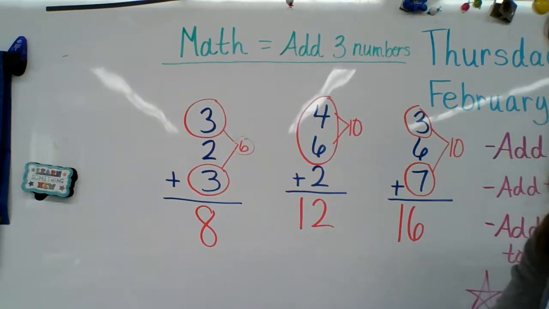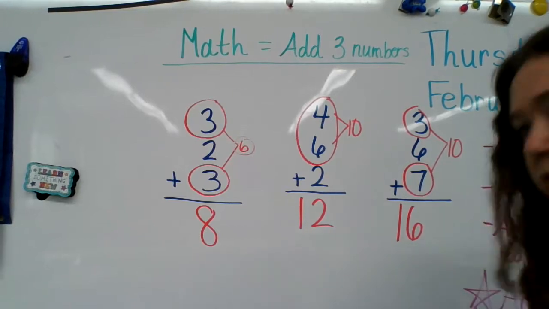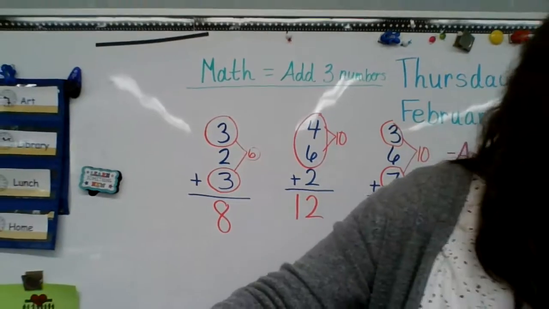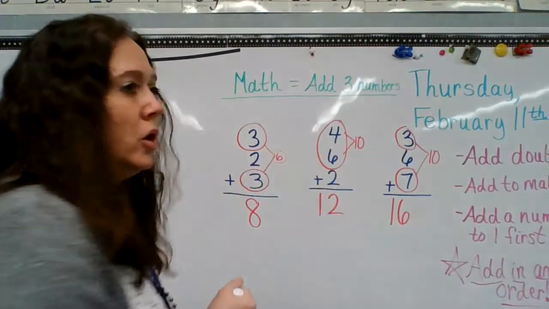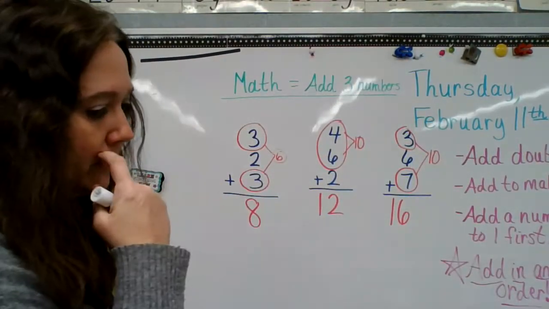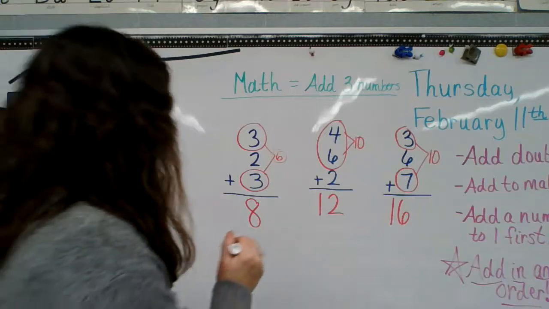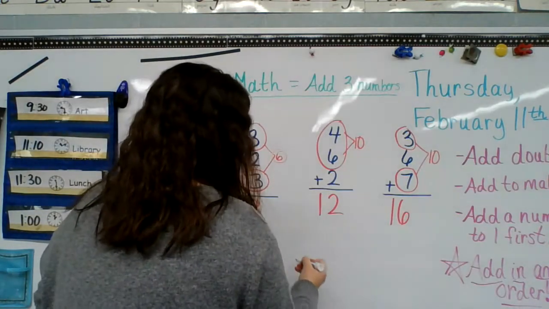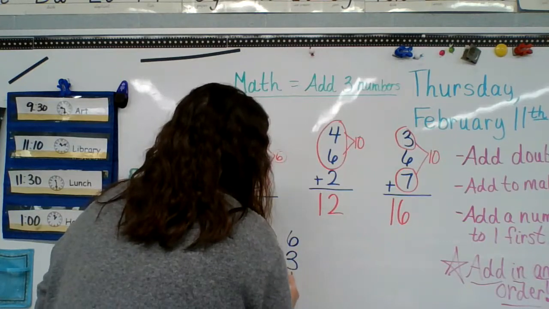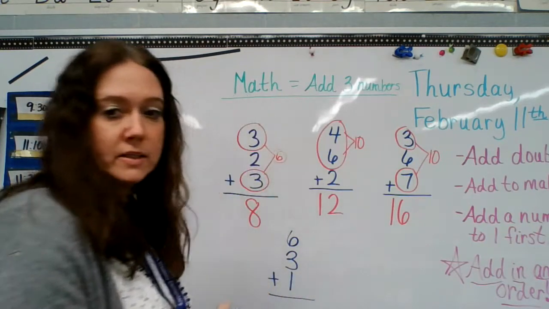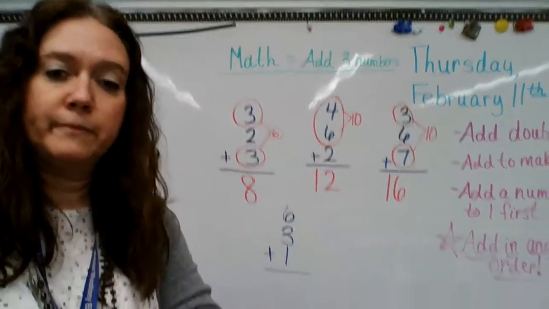Let's do, because one other thing I had said was adding 1 first. Okay, I'm going to push this back here. Okay. What if we had a problem, and you'll have this on your paper. What if we had a problem that was 6 plus 3 plus 1?